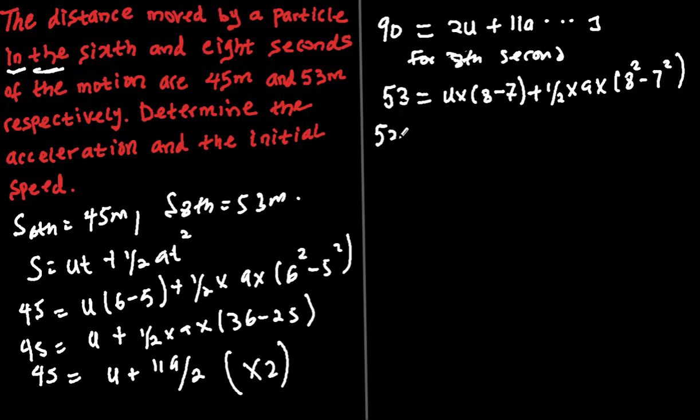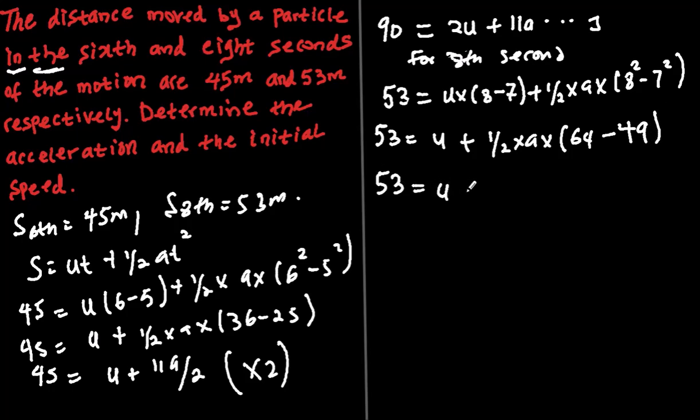So 53 equals, 8 minus 7 is 1, u plus half times a times 8 squared is 64, 7 squared is 49. So 53 equals u plus 64 minus 49 should give us 15, I think. 15a over 2 now.